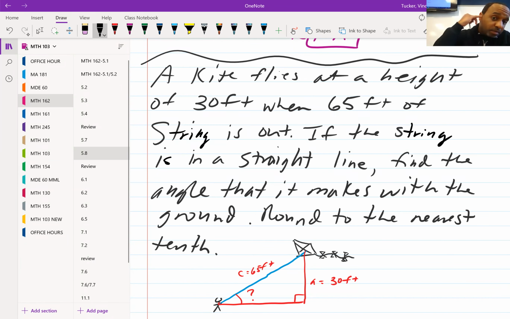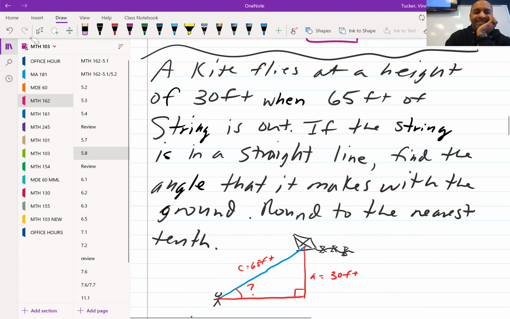Round to the nearest tenth. Once again, you have my diagram down here. I think I did all right with this one.